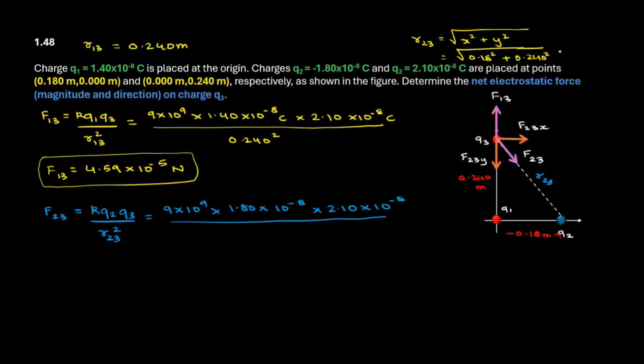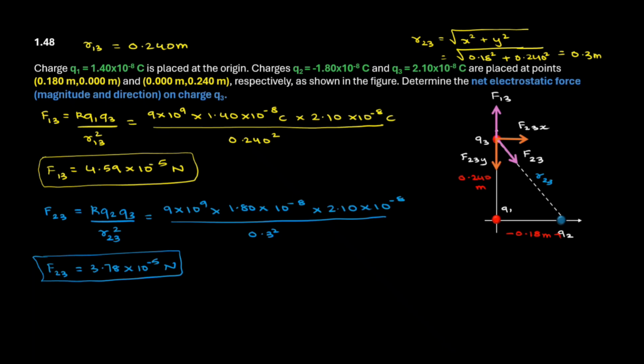And when you solve this, you get the distance R23 as 0.3 meter. So let's substitute that here, 0.3 squared. And when you solve this, you get F23 to be equal to 3.78 times 10 to the power negative 5 Newton.